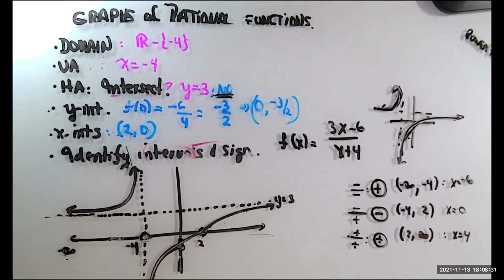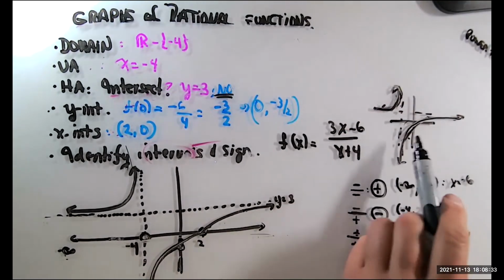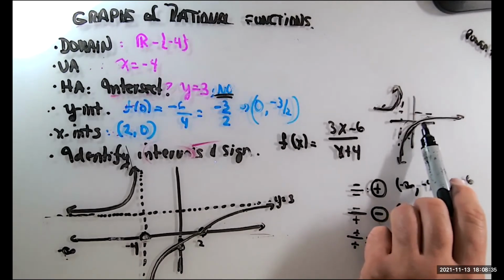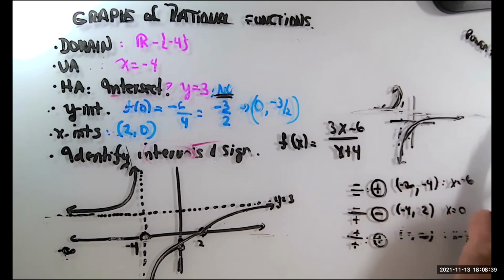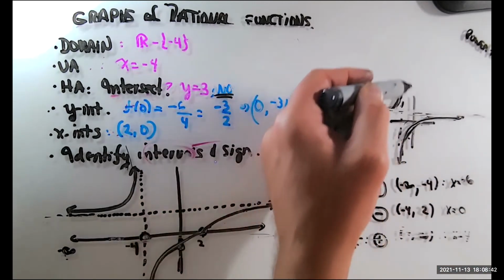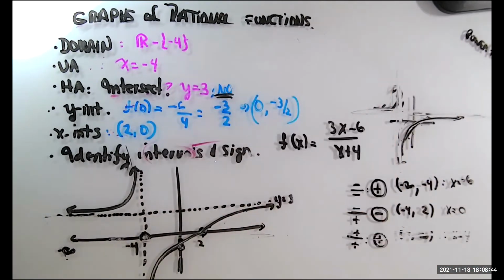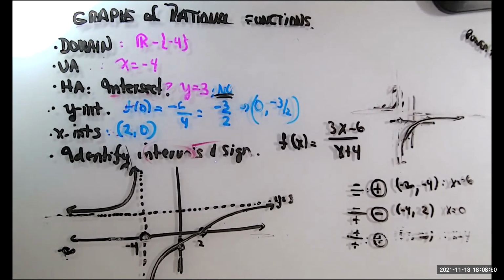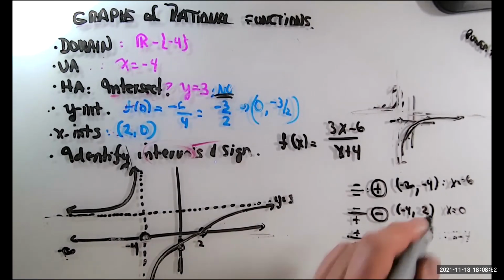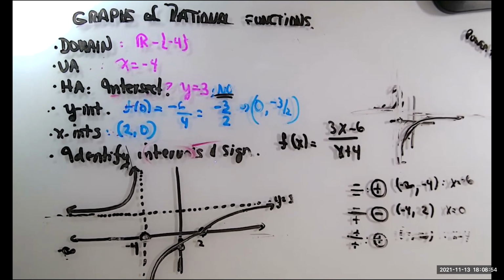That will be it. Going through my y-intercept, going through my x-intercept, not crossing or touching y equals 3, and not touching x equals negative 4. But this is not part of the domain. And that will be it. It looks ugly, but hopefully you got it.